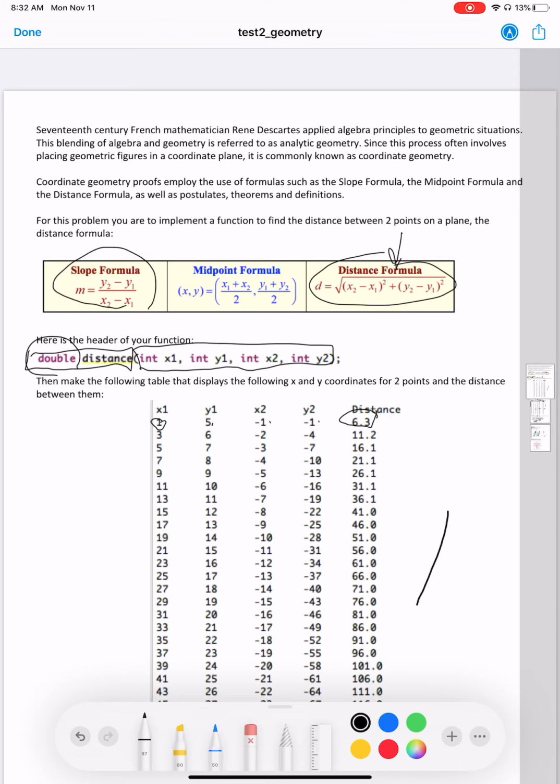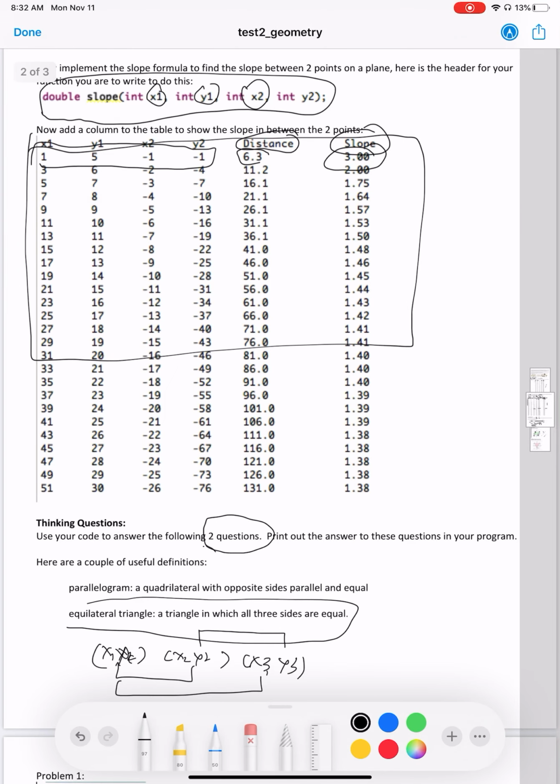Then, putting these values in, test your functions to make sure that the functions give you the right answer, because that's basically more than half the credit in the problem. So get those first three parts right first, then try to see if you can make the display, and then check for these two thinking questions.